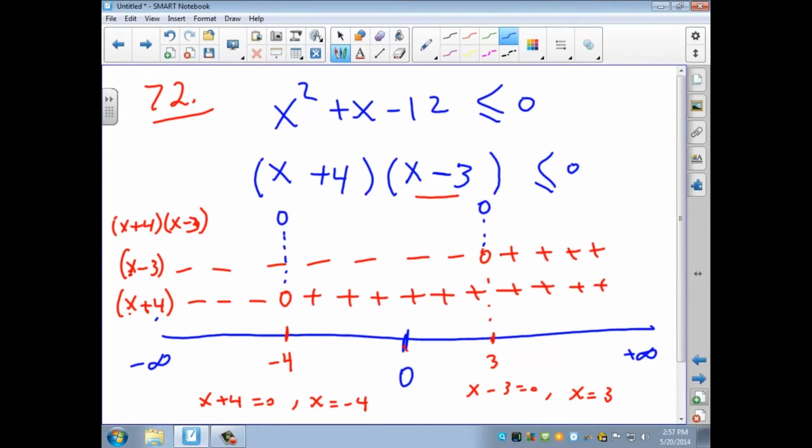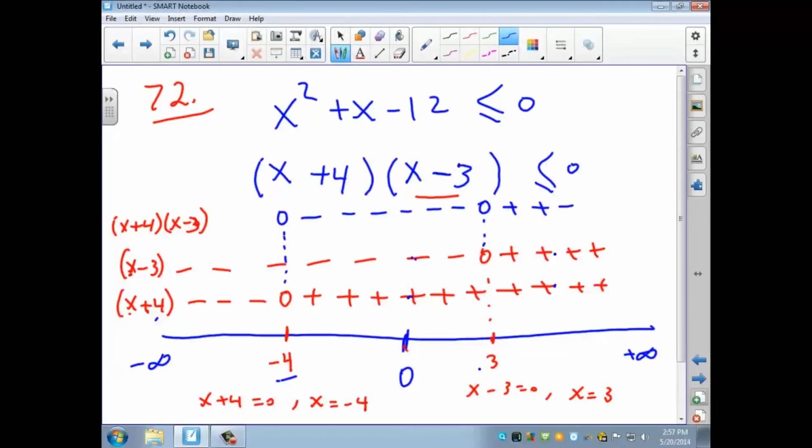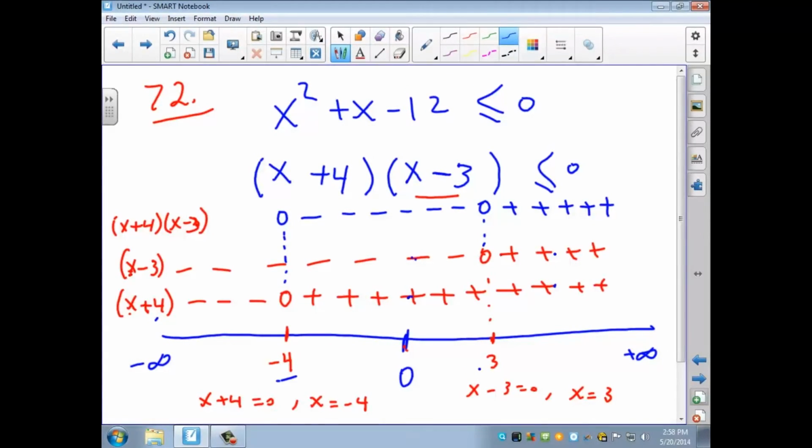Then in between minus 4 and 3, x plus 4 is positive, x minus 3 is negative. Positive times negative would be negative. And to the right, positive times positive would be positive. And to the left, negative times negative would also be positive.